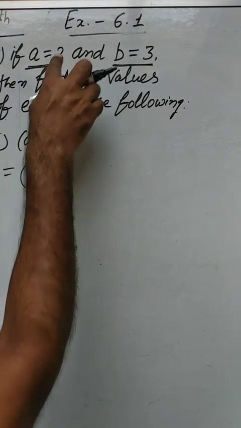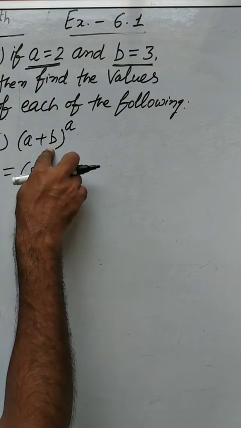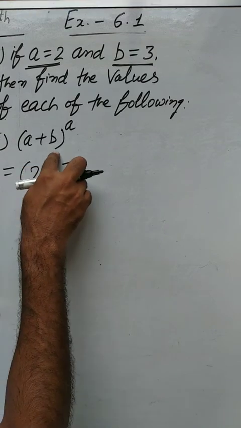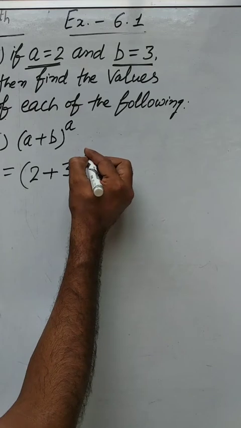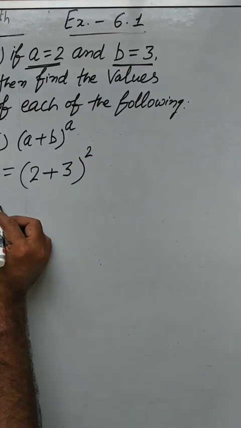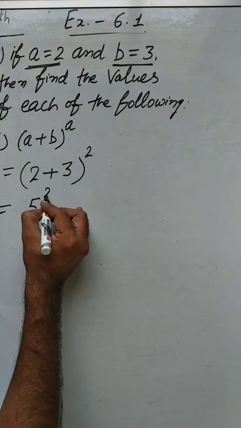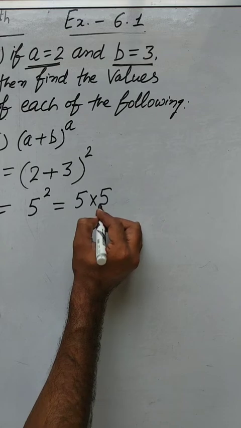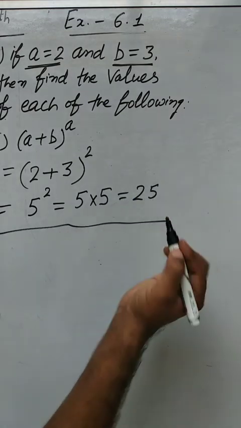A is equal to 2, fill here. 2 plus B, B is equal to 3. 2 plus 3 raised to power A, again the value of A is equal to 2. Now beta, 2 plus 3 is equal to 5, so it becomes 5 raised to power 2. 5 raised to power 2 means 5 multiply 5, which is equal to 25. Very easy, this is your answer.